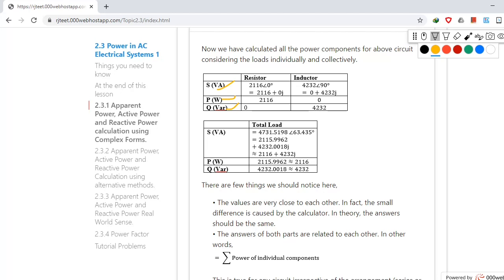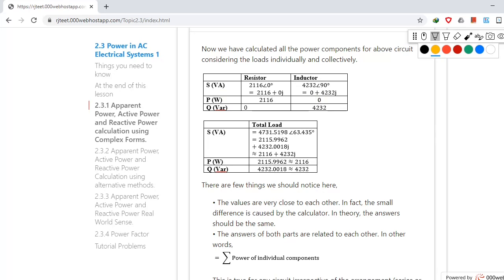For instance, we did the apparent power a while ago, and in the same way, if I calculate the active power, the total of the system is going to be the summation of the individual active powers. So in this case, it's going to be 2116 plus, here we have 0. So it's going to be the same value, right?